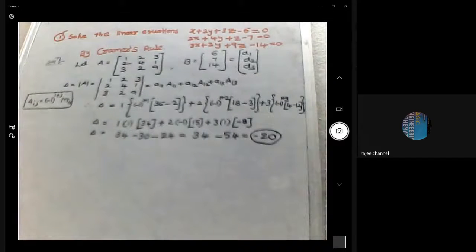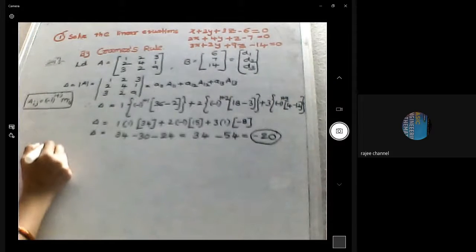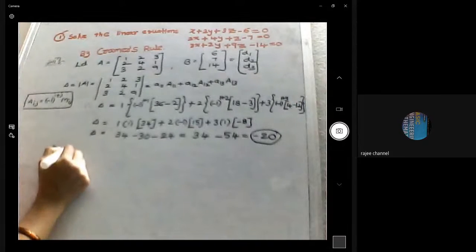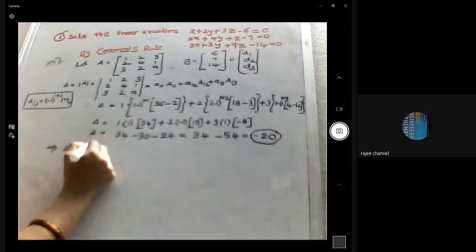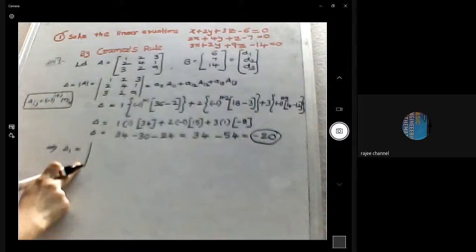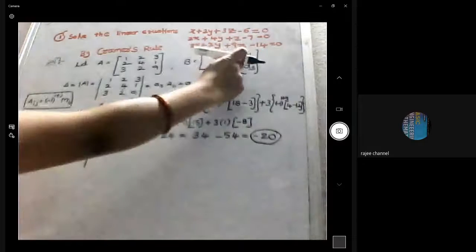Now we can find delta 1. Delta 1 is obtained by replacing the first column elements of delta by the constants d1, d2, d3.